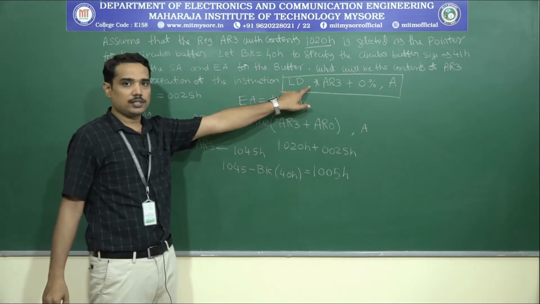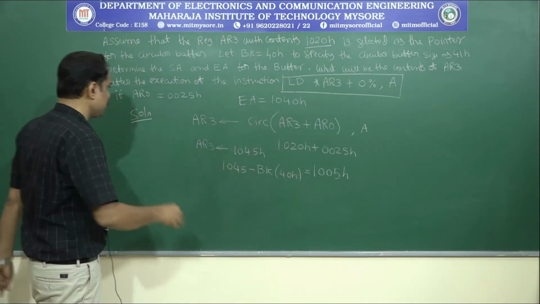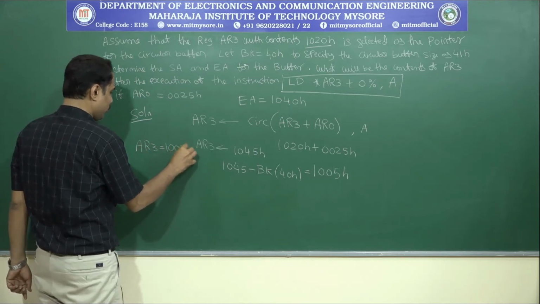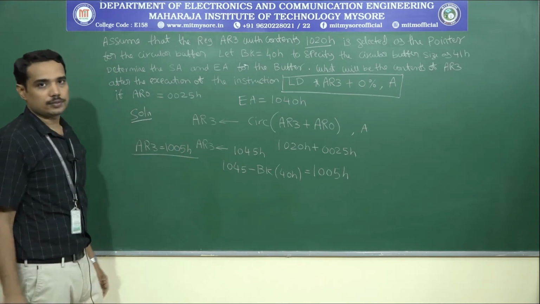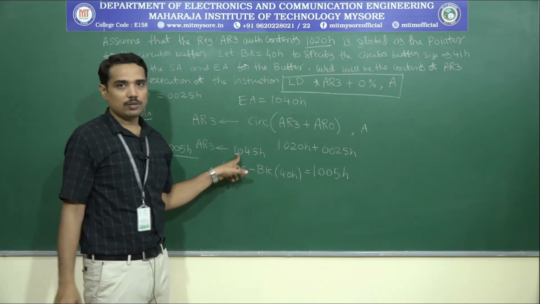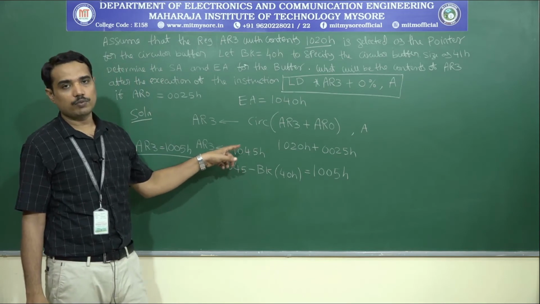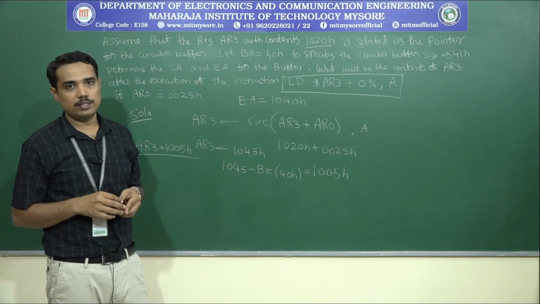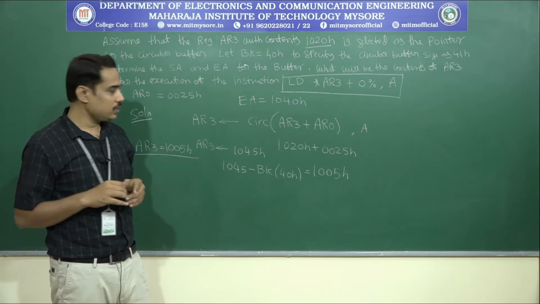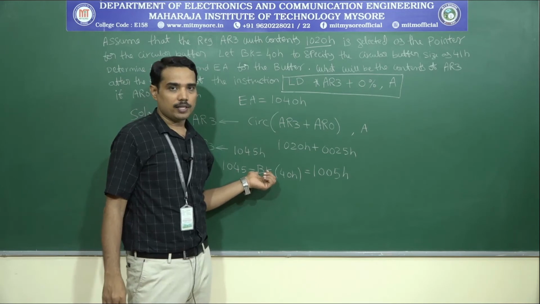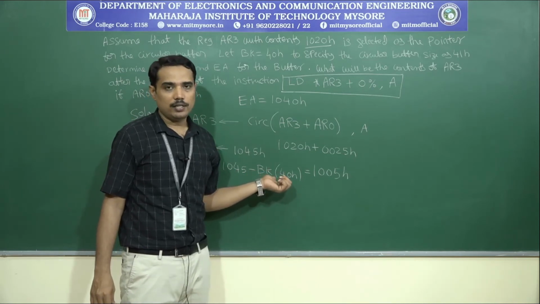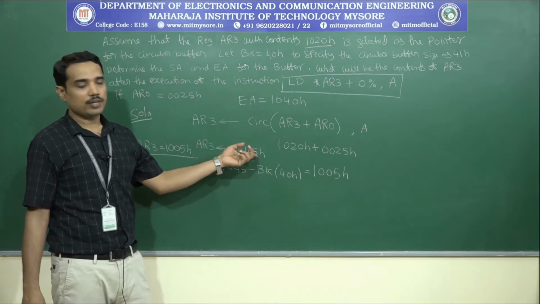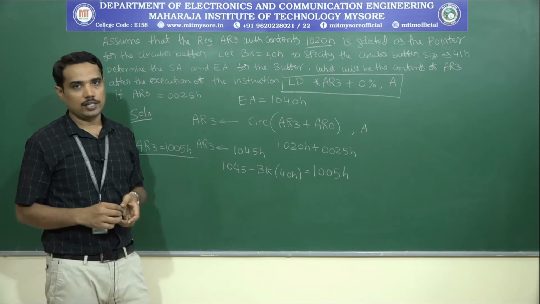According to this instruction, now AR3 is pointing to 1005H. Earlier it was pointing to 1045H, but we know that 1045H is greater than the end address. In order to bring it within the start address and end address range, we subtract BK, which is 40H. 1045 minus 40, we are going to get 1005H.